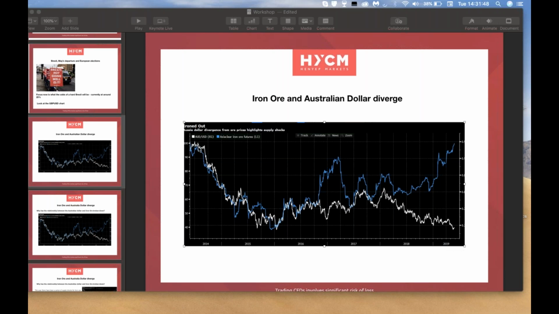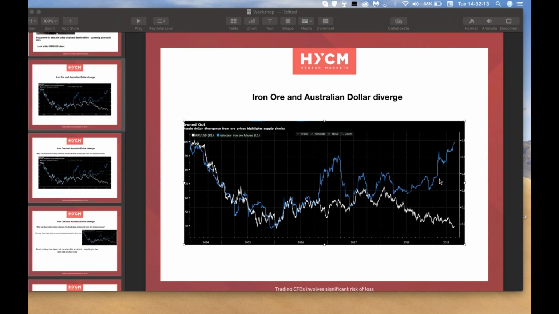Even here they diverged briefly out of sync, didn't they? But then we saw the iron ore prices fall back down to catch up and move back into correlation. We're seeing a very similar pattern happen now.